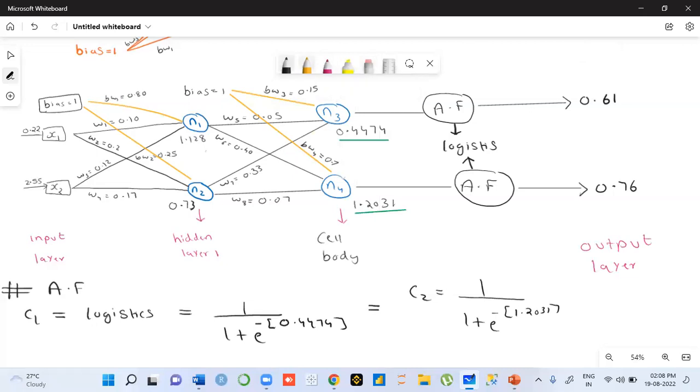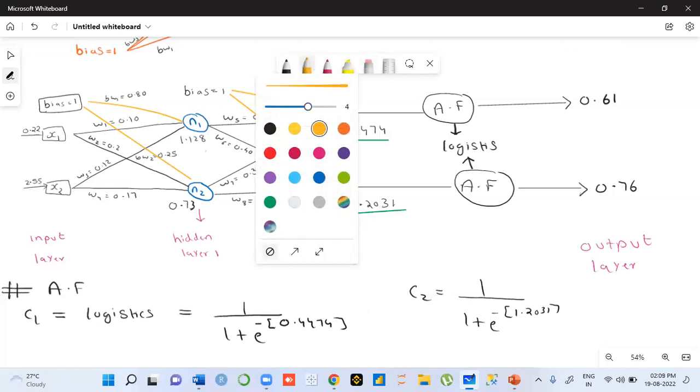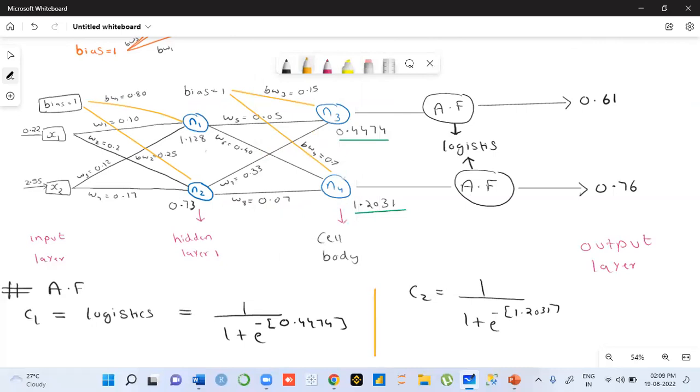Now, guys, done everyone? 2 minutes, then my set concept done. We did for C1, we did for C2, using logistic activation function, and we get the answer in terms of probability. Then, sir, which one do we select?